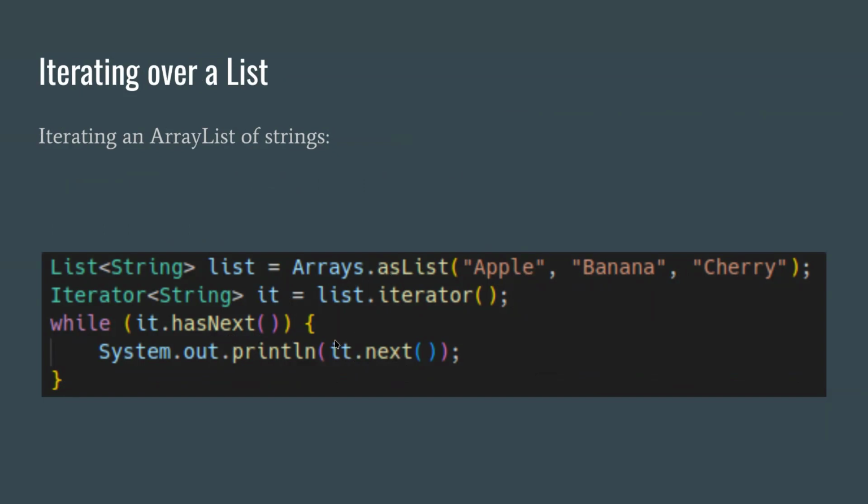So you can see that the next method moves the cursor forward in the list, allowing us to access each element until all have been processed, and we check whether there's a next element or not by calling hasNext.